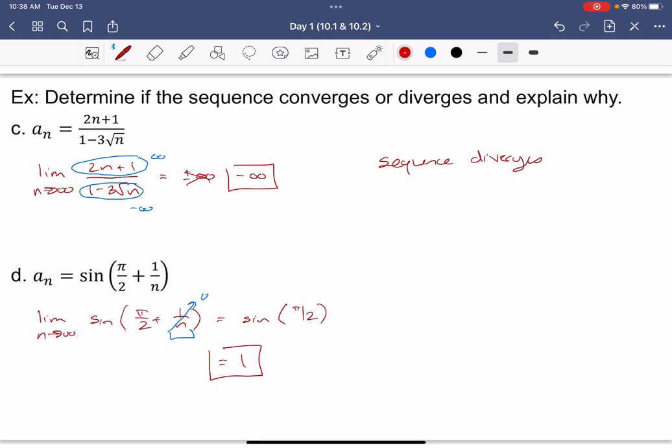Since that is a number that you can find, that means the sequence converges. Once again, on the explain why, I don't need a lot of words. I just need you to show me the work and then give me the answer to the question at the end. I'm checking whether you're doing enough math to verify your answer.